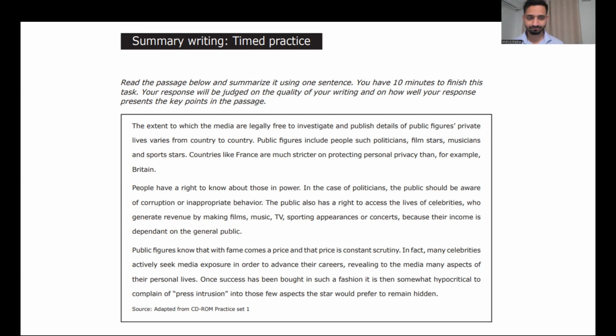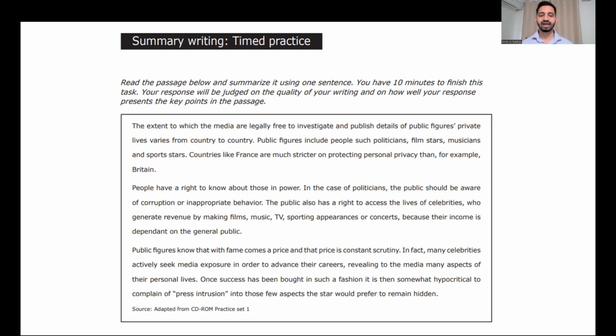All right, lastly, public figures know that with fame comes a price, and that price is constant scrutiny. In fact, many celebrities actively seek media exposure in order to advance their careers, revealing to the media many aspects of their personal lives.